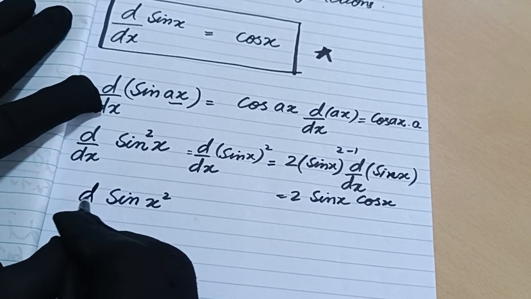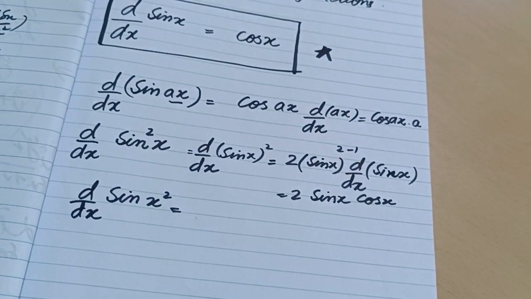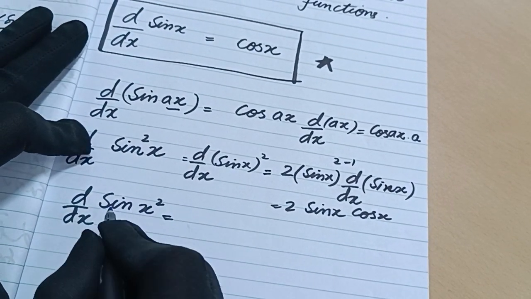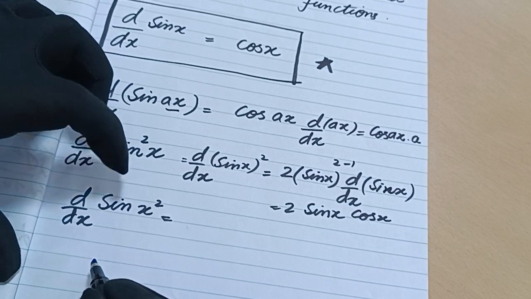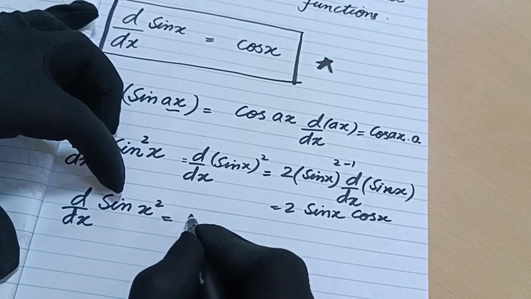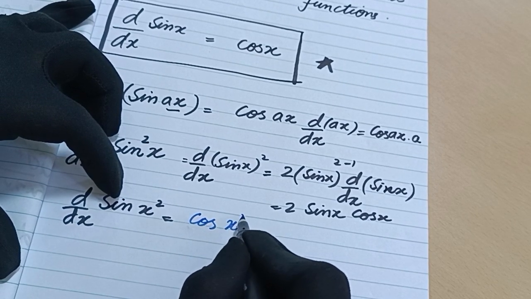Next is the derivative of this. Let me take the blue pen to keep every single line differentiated from the other. This is a single function, sine, so the derivative of sine is cos of angle. The angle is the same, x square.